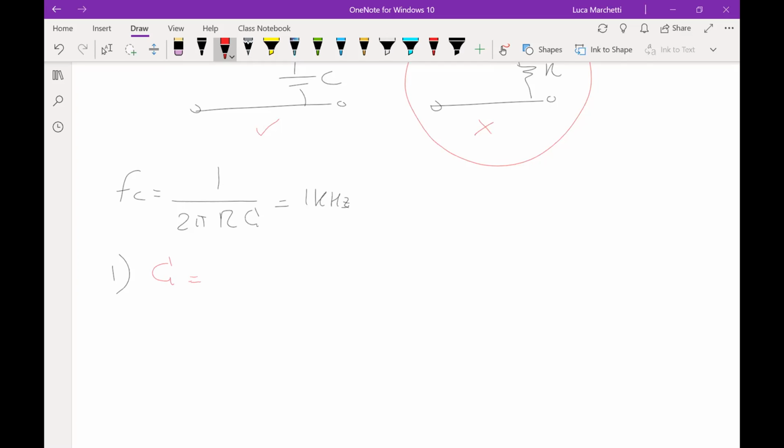In this case, what could be the value of C? Well, here you can go by experience, but again, my technique here is a little based on experience, and I can try to explain it. What I know is that this is a frequency, in kilohertz in this case, 1 kilohertz.